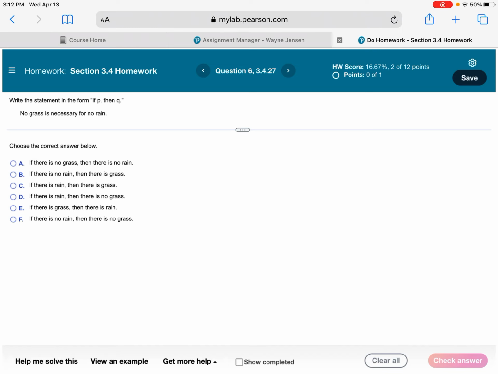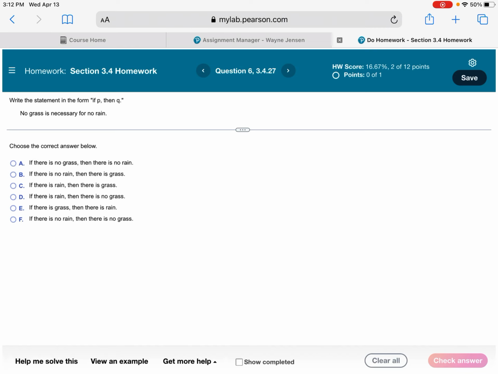So now we need to put this in if-then form. We'll try another one, and it's okay to make mistakes. So no grass is necessary for no rain. So which one would that be? If there's no rain, then there's no grass, right?